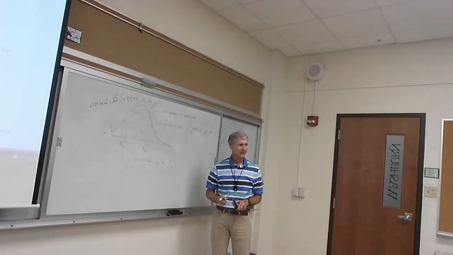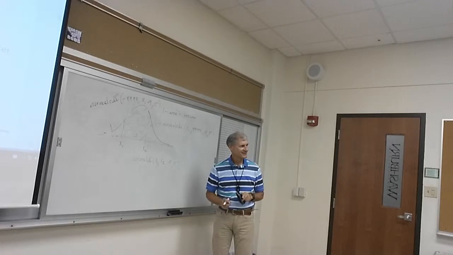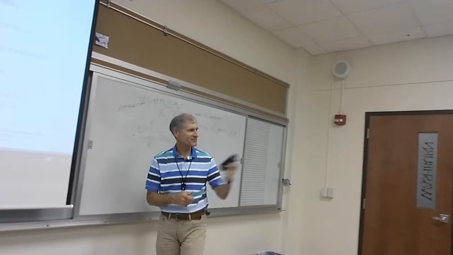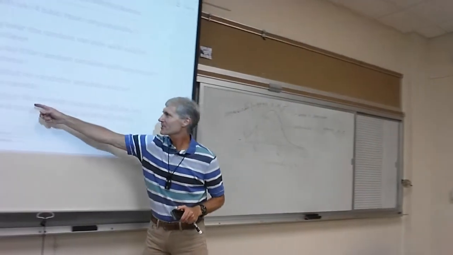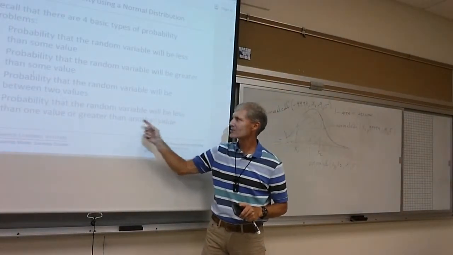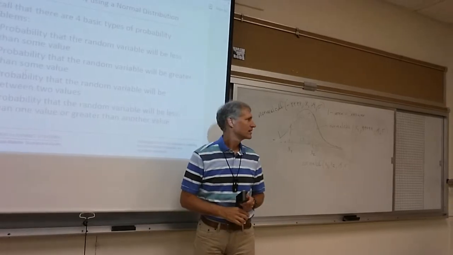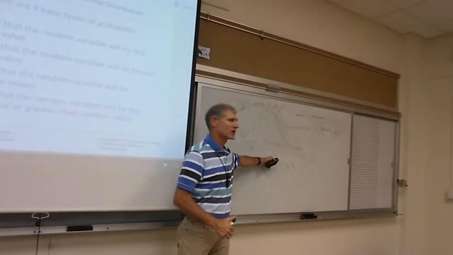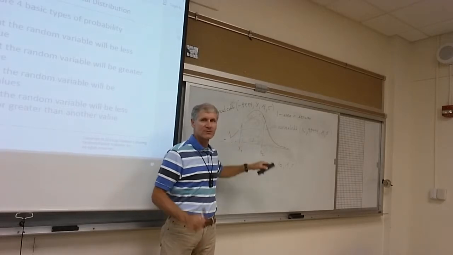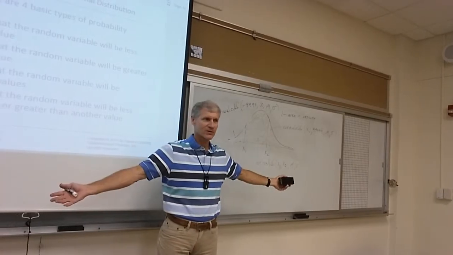So far so good. Now Megan, what's the 4th one? Hint, it's what you asked about a minute ago. Probability that the random variable will be less than one value or greater than another value. So instead of shading between x1 and x2, we shade outside of it. So how do you work it?